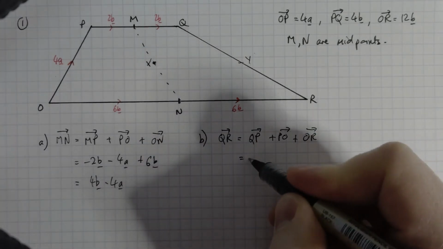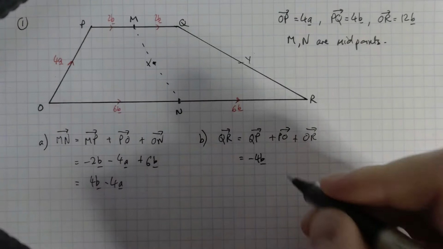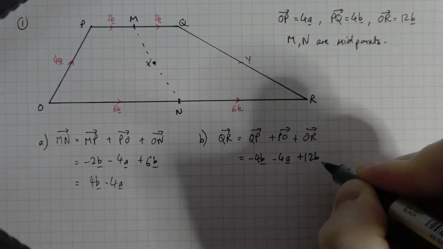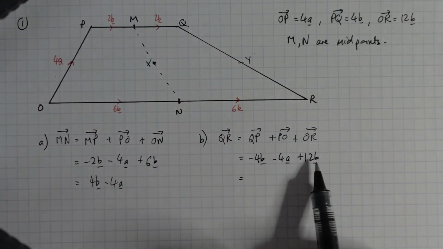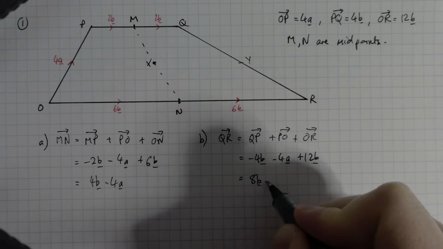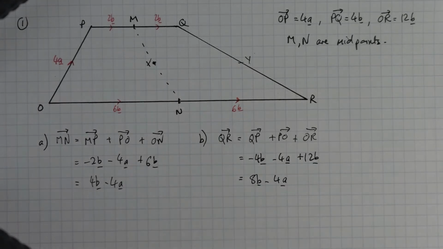Q to P is minus 4B, minus 4A, plus 12B. 12B take away 4B is 8B. 8B minus 4A.